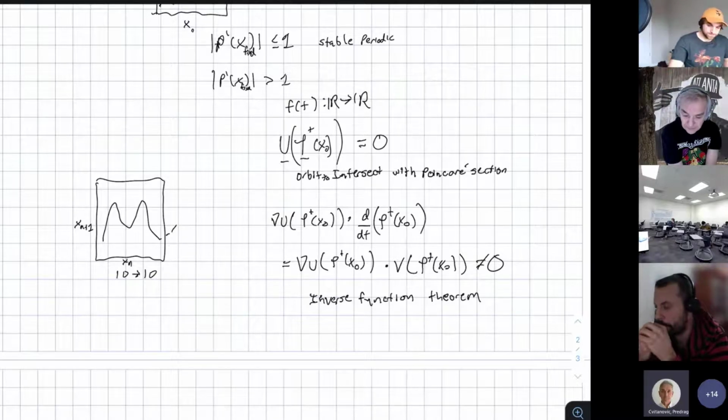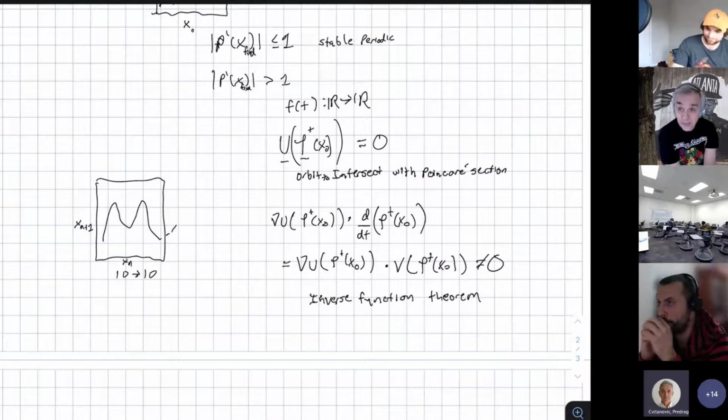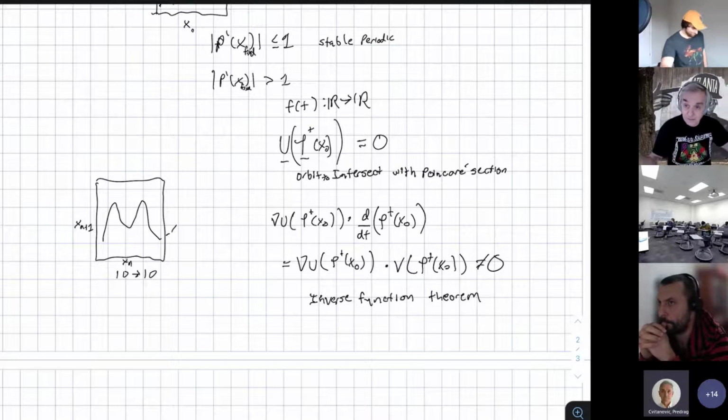Now, one thing that is not obvious at all, and it's probably almost never true, is that you can cook up a Poincare section that cuts the entire thing. In mathematics, that's called a cross-section. In physics, that's a very unfortunate use of the word. That can almost never be done.